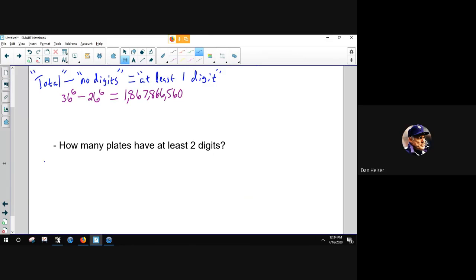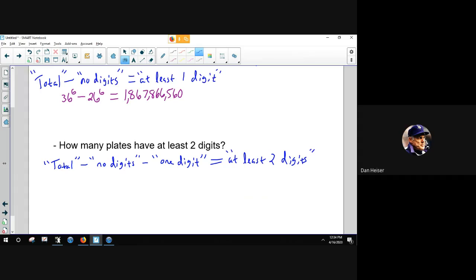We'll take total minus no digits minus 1 digit, because we don't want that one either now. And that will equal at least 2 digits.